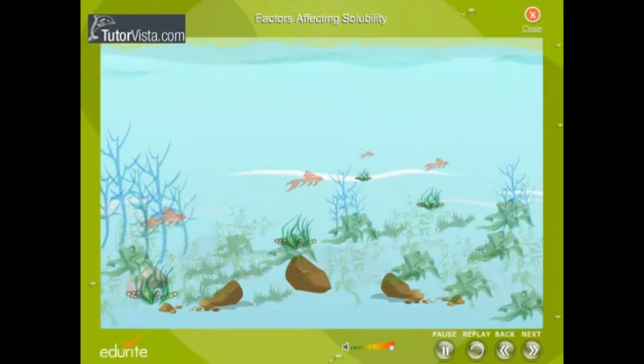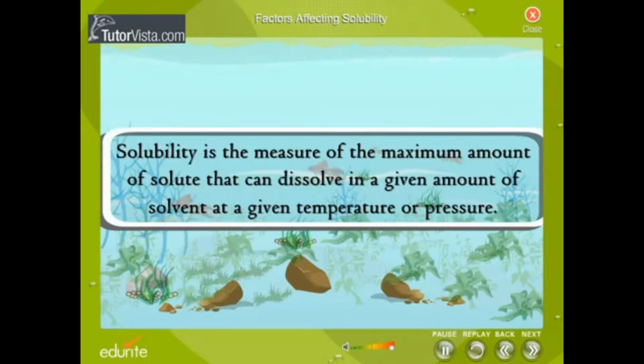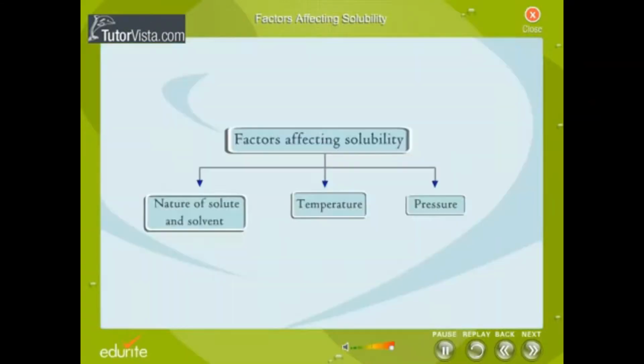So, the extension of dissolution or solubility is an important factor for life. Solubility is the measure of the maximum amount of solute that can dissolve in a given amount of solvent at a given temperature or pressure. Factors that have an effect on solubility are the nature of the solute and solvent, temperature, and pressure.